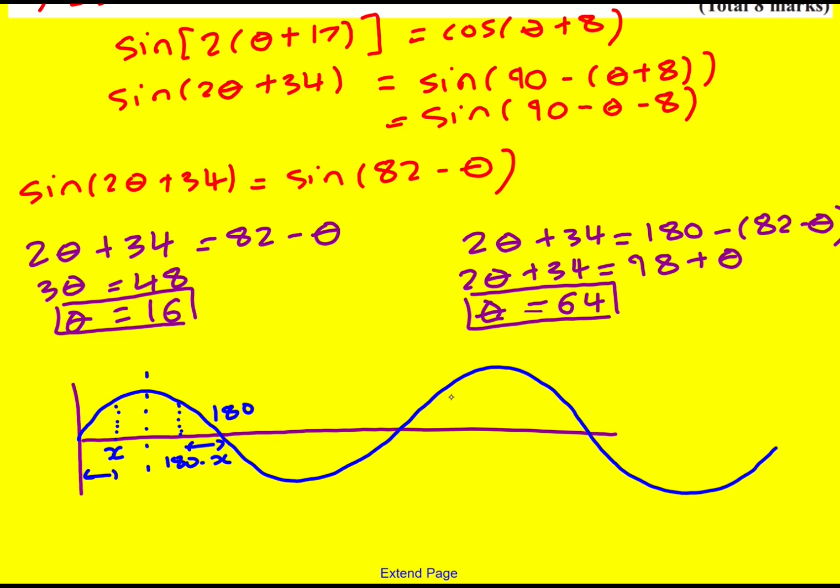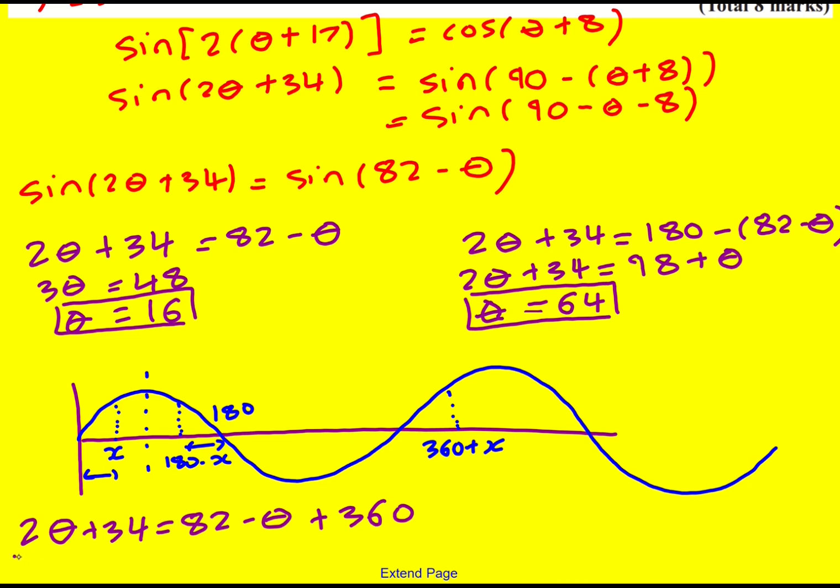Now, another way they could be the same is if one of them is over here, which is 360 plus x. That will have the same value as x originally. So I can say that 2 theta plus 34 equals 82 minus theta plus 360.